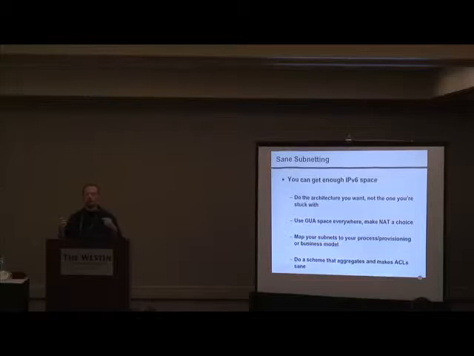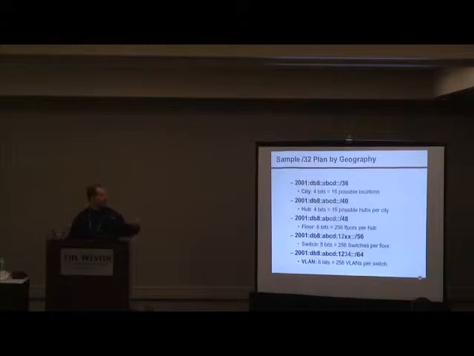And think about how you are doing your aggregations: by site, by ISP or by RIR region, by geography, by department, by security zone, whatever that is. Think about that and do that. Here is just a sample plan of how you might do things.